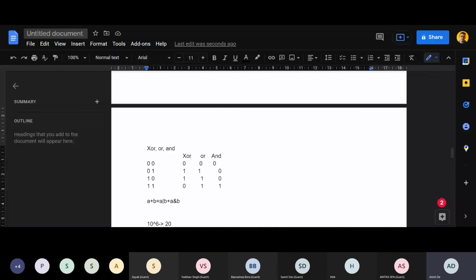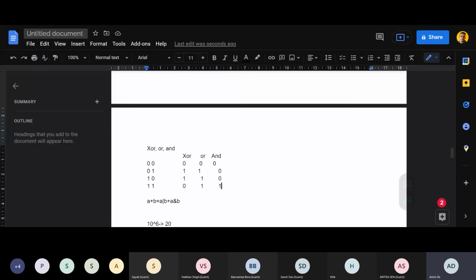This is mathematical addition: A plus B is equal to A bitwise OR B plus A bitwise AND B. Here you can see that 0 plus 0 is 0, so the OR plus AND for 0 and 0 is also 0. 0 plus 1 gives 1, and 1 plus 0 also gives 1. 1 plus 1 gives 2, and here also 1 plus 1 gives 2.